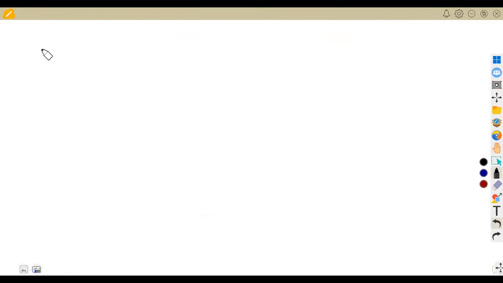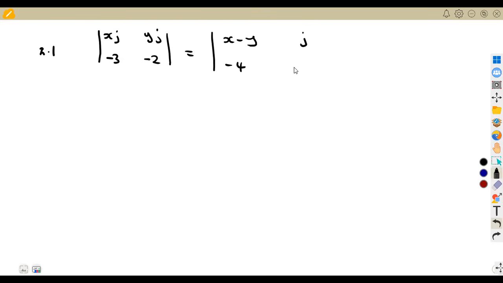But I think we managed to talk about this type of question just before we wrote our exams. So we're given that the determinant of x j, y j, minus 3, minus 2, is equal to the determinant of x minus y, j, minus 4 and 2.